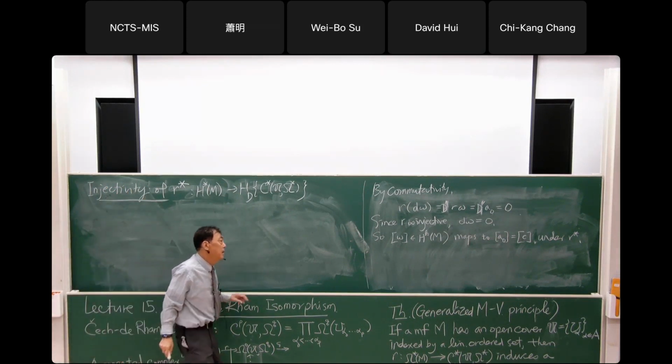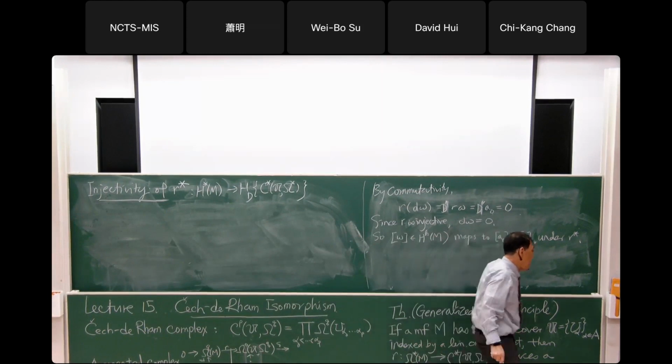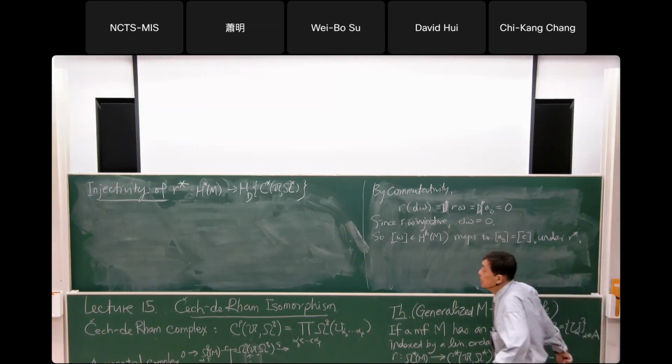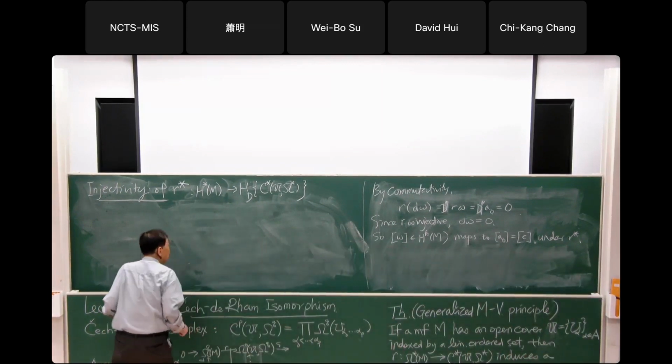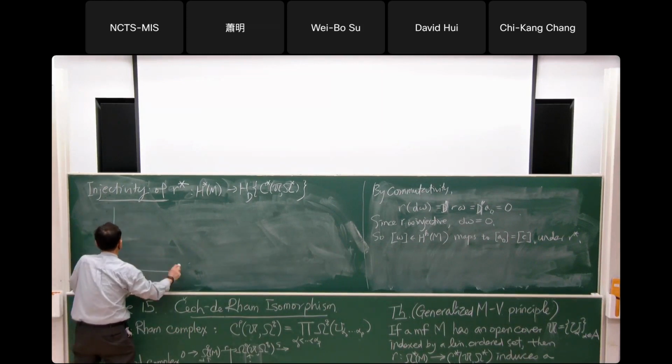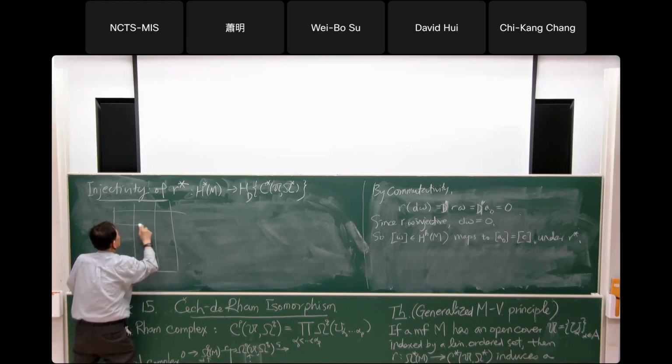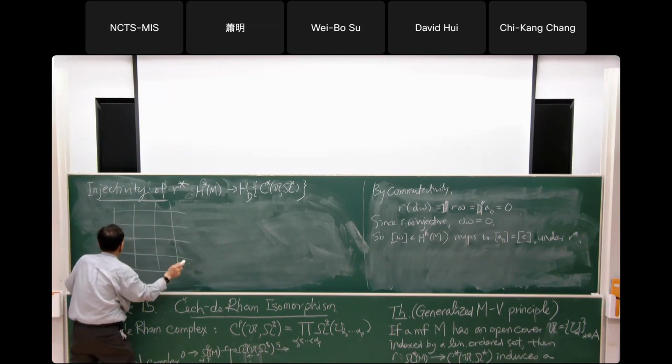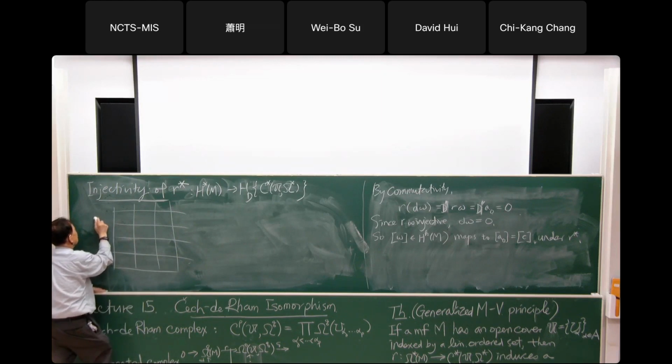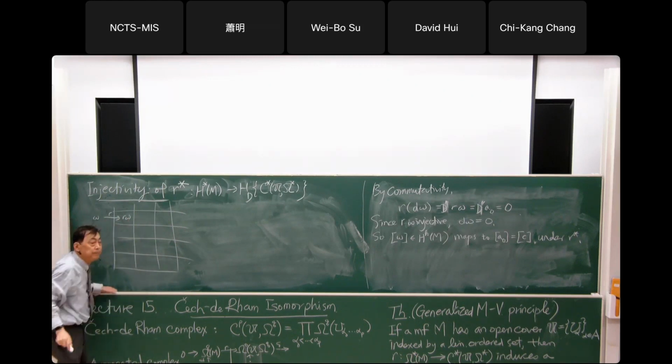Let's see. So now I assume that I have a cohomology class on M that maps to 0 in cohomology. So I assume that I have an omega here, and then R maps it to R omega, and that R omega is exact.